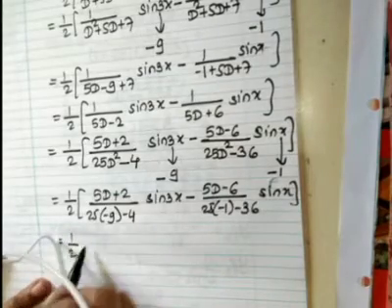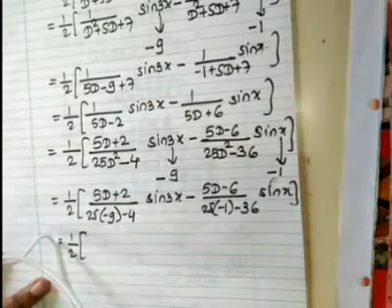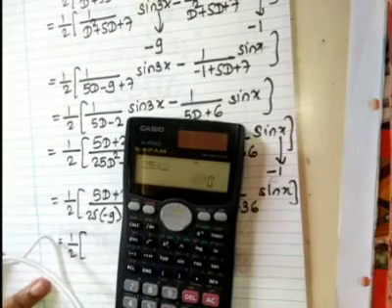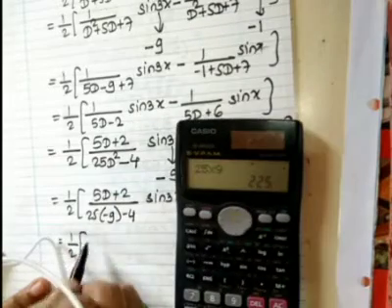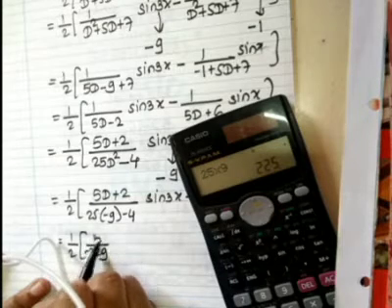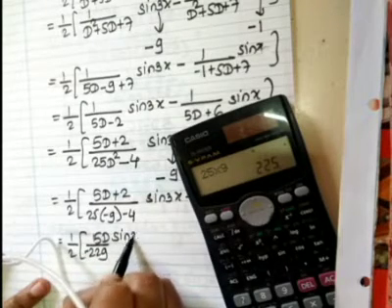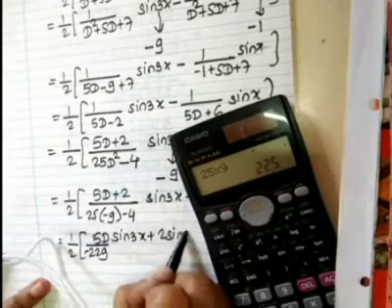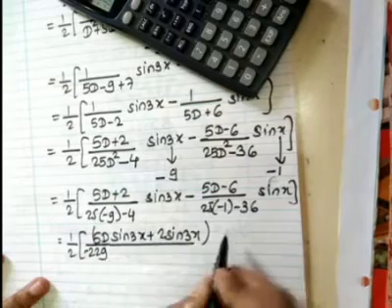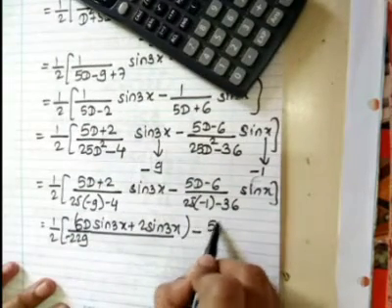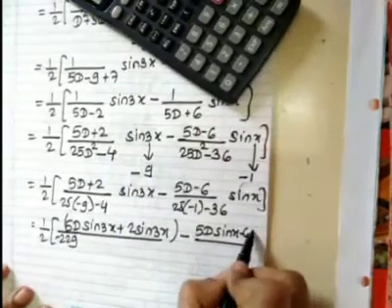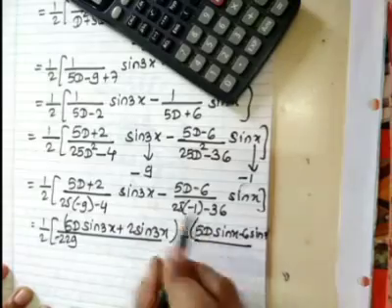That is 1 by 2. How much is this term? 25 into 9 is 225, minus 225 minus 4 is minus 229. Into 5d sin 3x plus 2 sin 3x, minus 5d sin x minus 6 sin x, upon, how much is this?